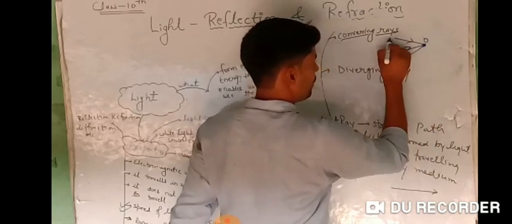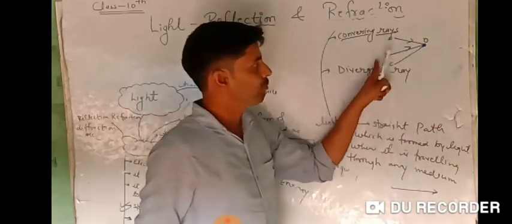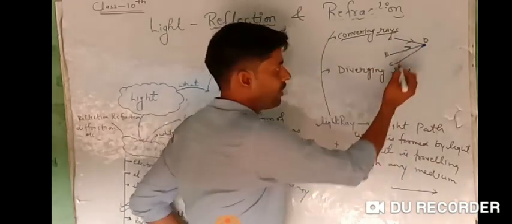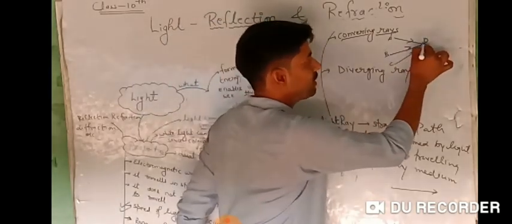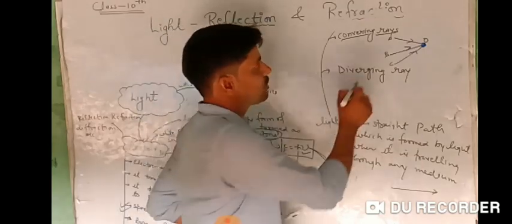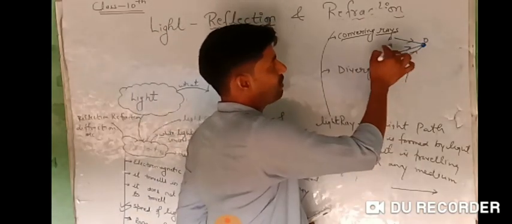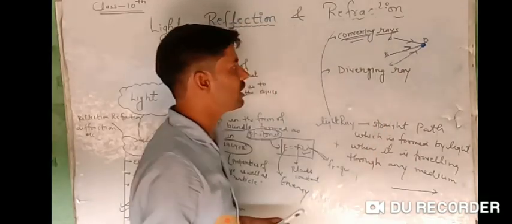This is point O, A, B, C. Three rays AO, BO and CO are there, and they all are meeting at a single point. This is called converging at a single point. So these groups of rays are termed as converging rays.